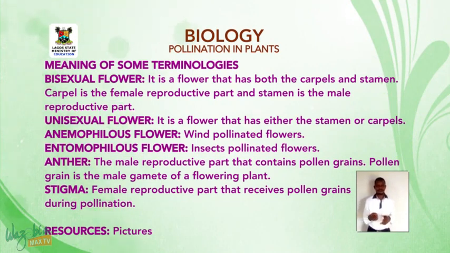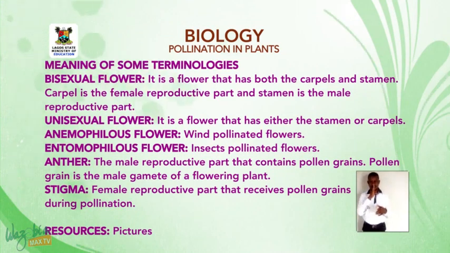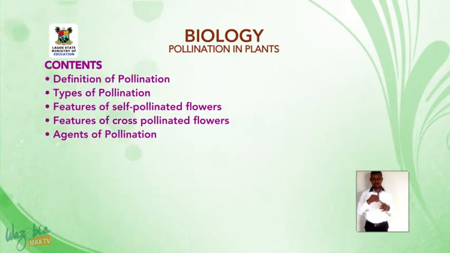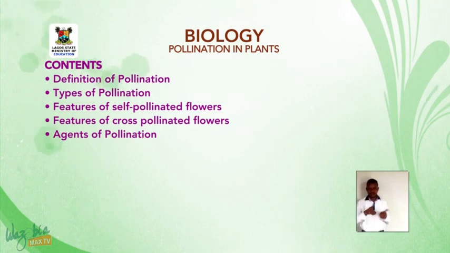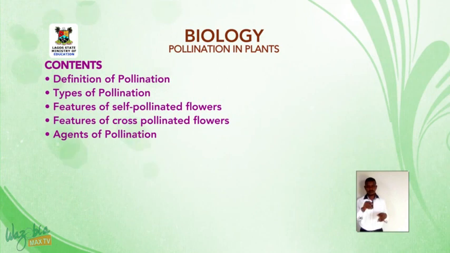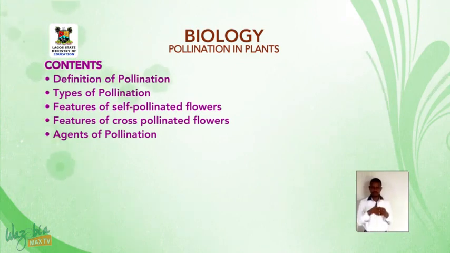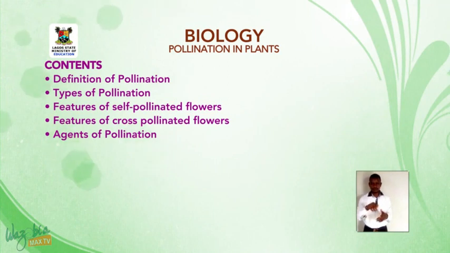Resources: I have pictures for this discussion that we shall be sharing later. Content of this lesson: during this lesson, we shall be looking at the definition of pollination, types of pollination, features of self-pollinated flower, features of cross-pollinated flower, and agents of pollination.